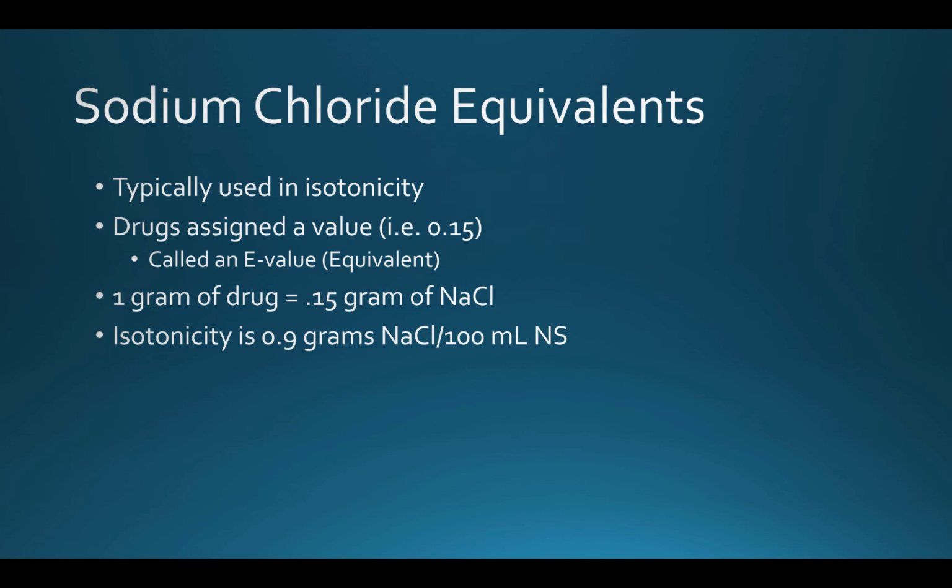And that gives you the approximation of how much sodium chloride equivalent that drug is going to contribute within a compound. So remember that isotonicity is 0.9 grams in 100 mils of fluid. Okay, that's normal saline. That's considered isotonicity.